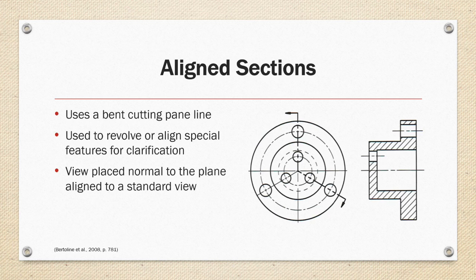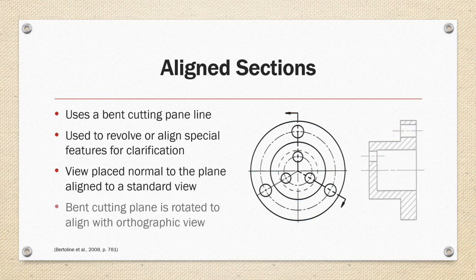However, the aligned convention breaks this traditional orthographic view projection of being 90 degrees to the view and projects the profile normal to the cutting plane line and rotates it to align with the view, as shown on the right.